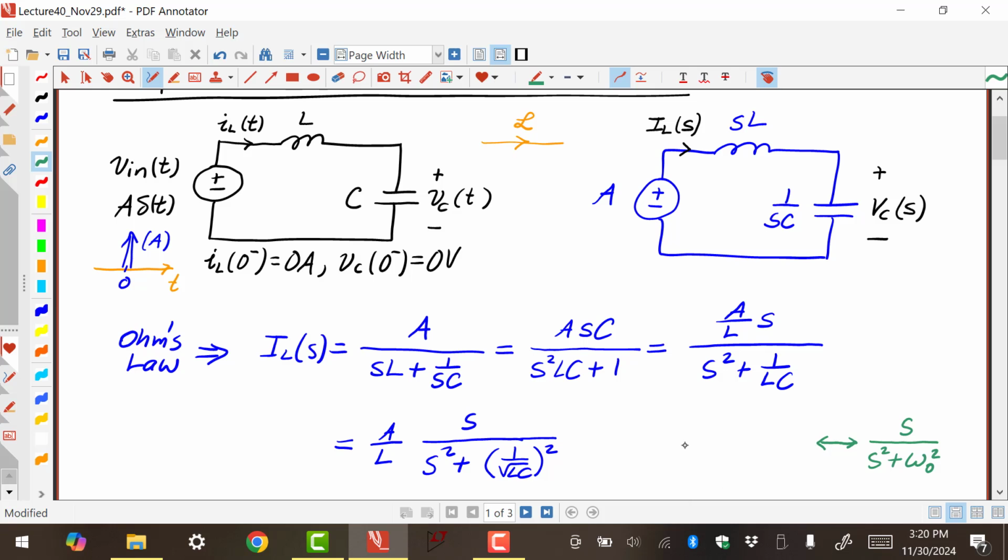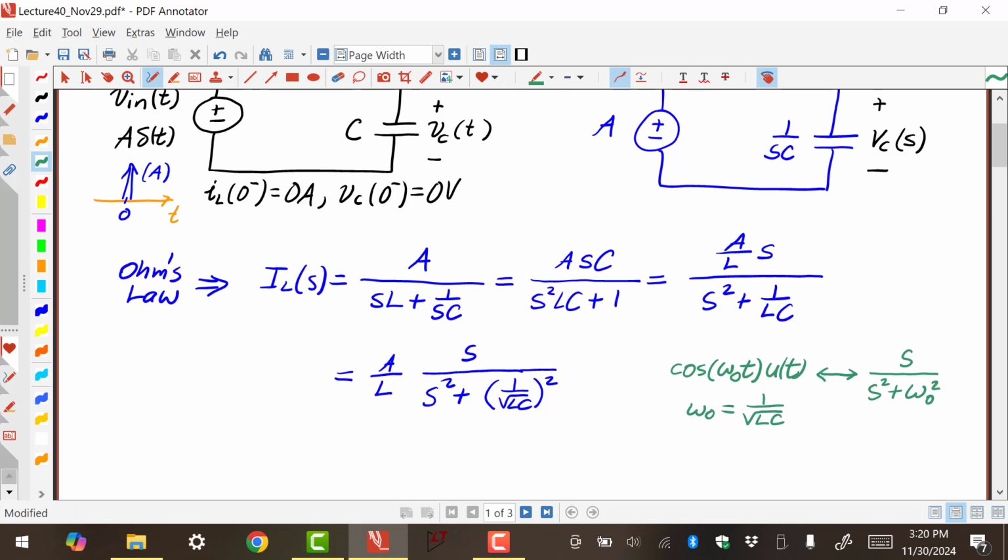this happens to be associated with cosine of omega naught t times u(t), where we can identify, in our case at least, that omega naught is 1 over root LC. So this comes up so often that it has a name.